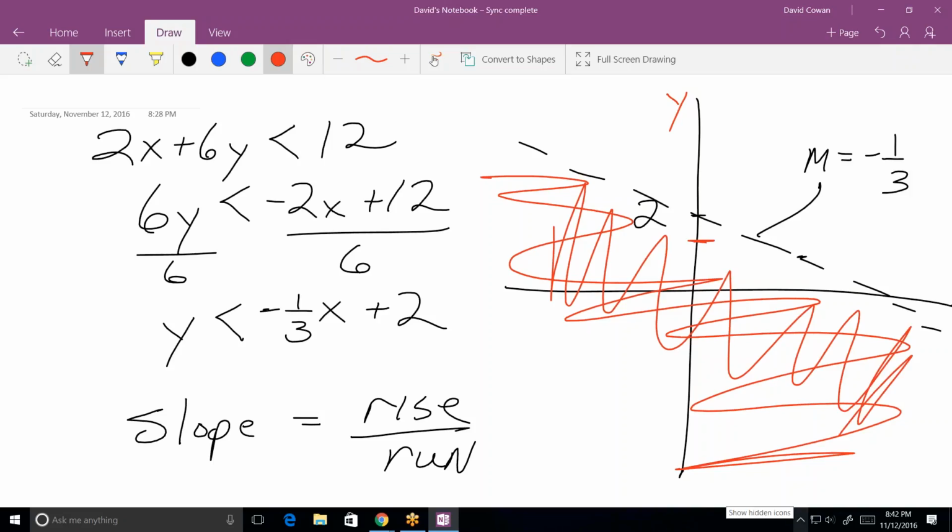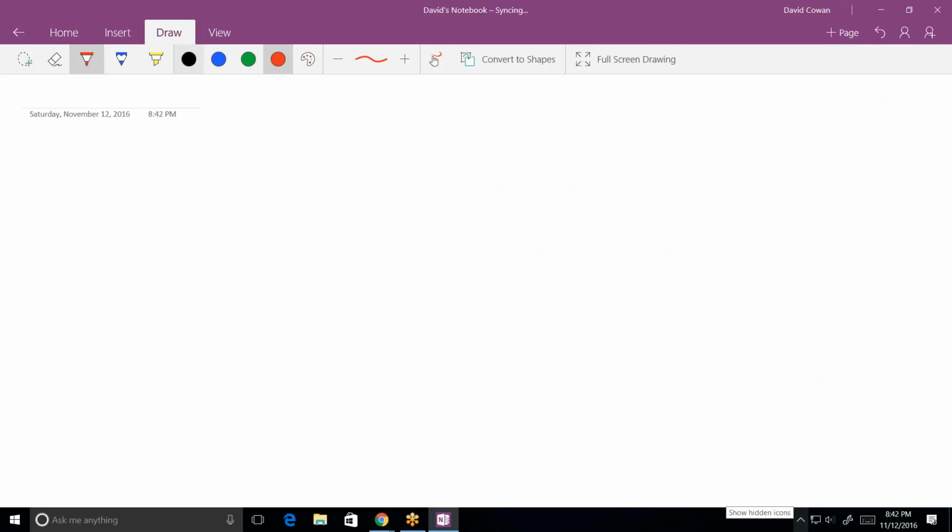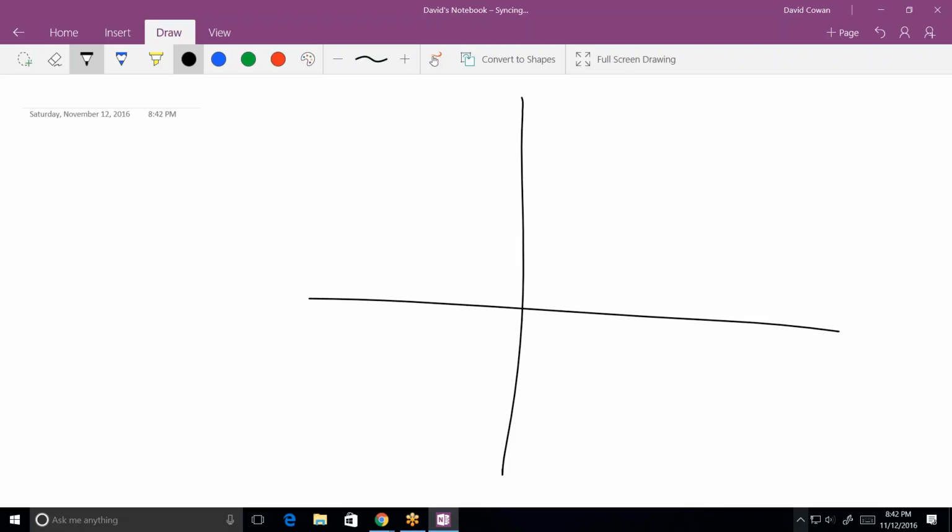And when I say above or below, if I gave you this situation, where y is greater than or equal to 15x, notice the slope is 15, very steep. Which side of that line would I shade?